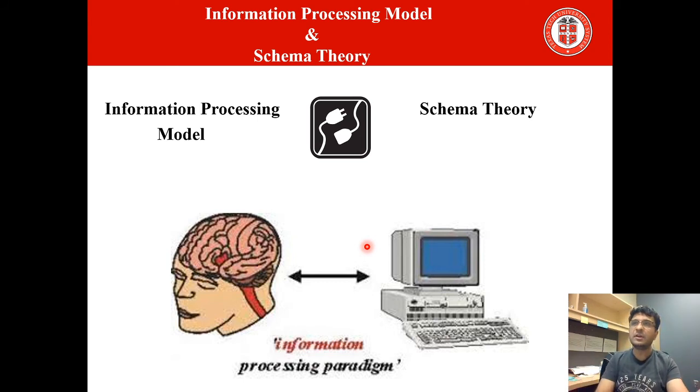The information processing model compares our brain with a computer where inputs are coming in and then they are processed in the brain. Although one of the drawbacks of information processing theory was that it won't exactly tell us how this information is processed.